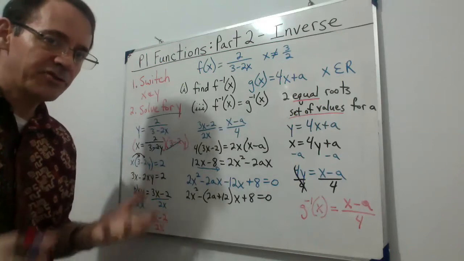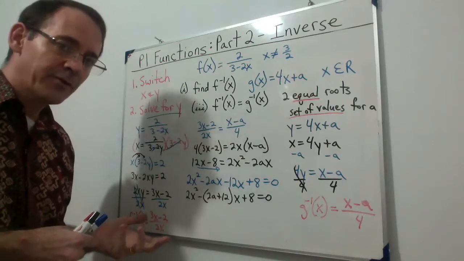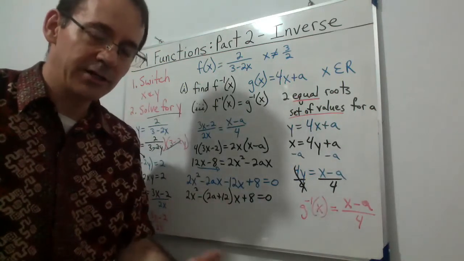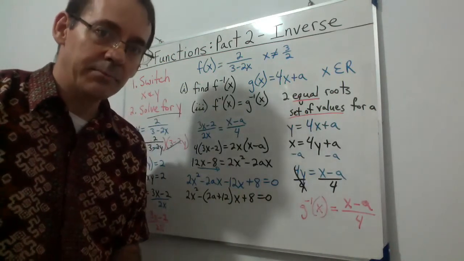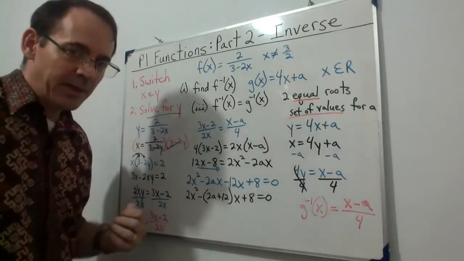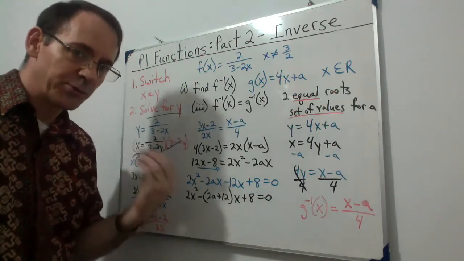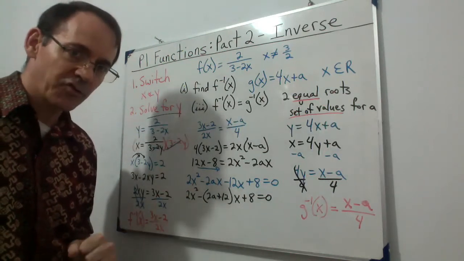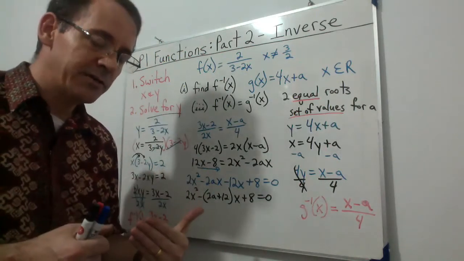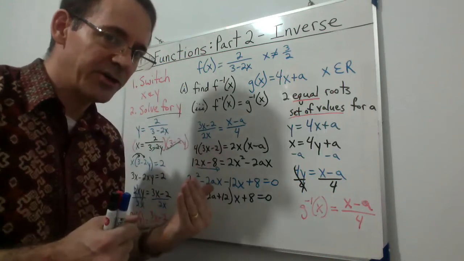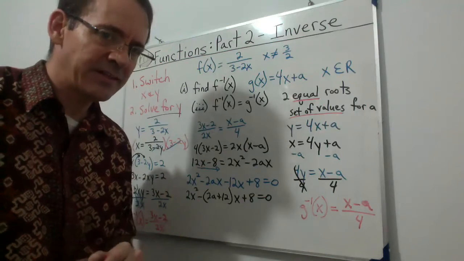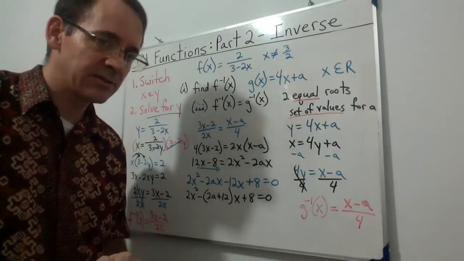So you can either use the b squared minus 4ac from the quadratic formula, or if you wanted to, you can use the z squared from the magic potion method. But as we saw back in quadratics, it does seem a little bit more direct to use the b squared minus 4ac. Now the trick is this. Do we take b squared minus 4ac greater than 0, equal to 0, or less than 0? Think for a second, which one do you think it is?